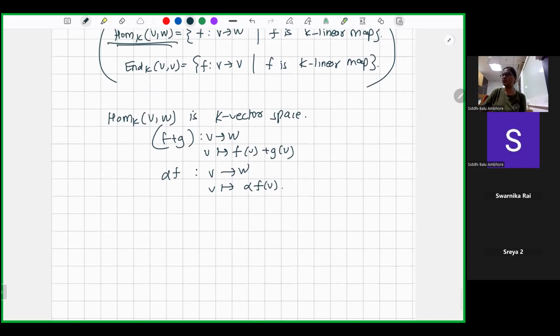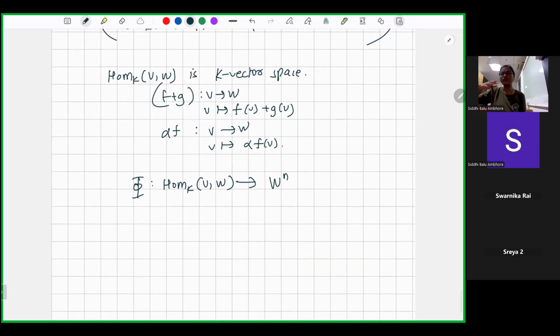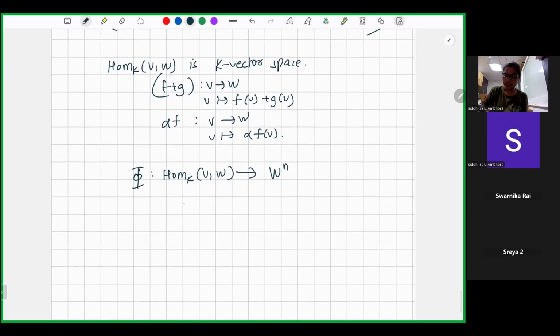What we do is define this map phi from Hom_K(V, W) to W^n, where n is the dimension of V, such that f goes to (f(v1), ..., f(vn)).